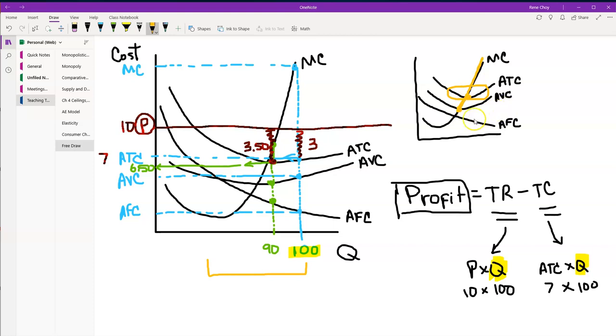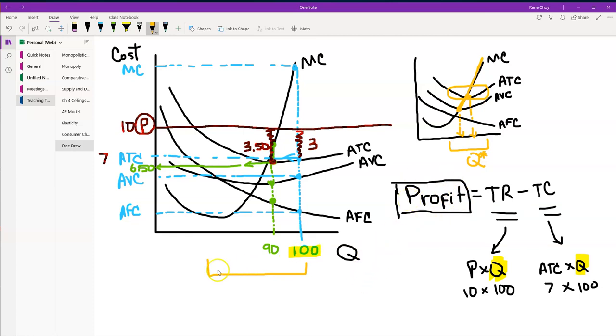So whenever the average variable cost and the average total cost touch the marginal cost lines, somewhere around there is the most efficient point of production, because you get the highest separation, the highest profit.